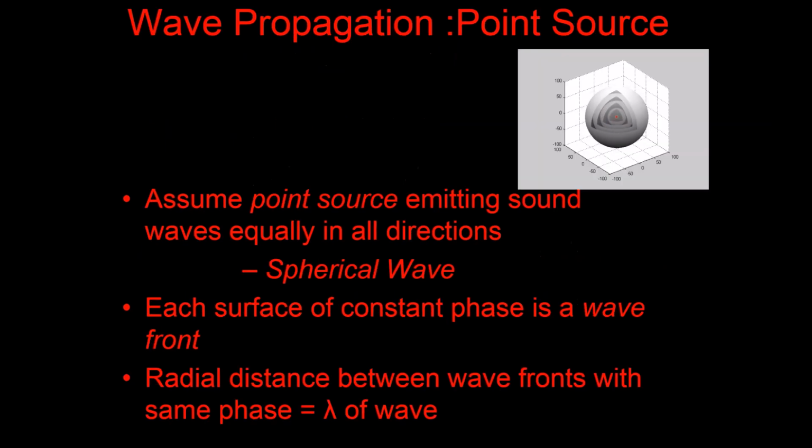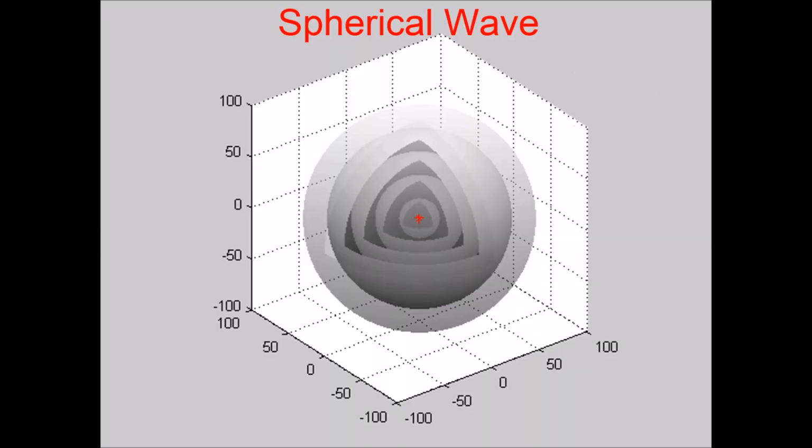Now, when we're talking about a propagating wave from a point source, as said, this comes out as a spherical wave, and each surface of constant phase gives us a wave front. So the radial distance between wave fronts essentially becomes the wavelength of our wave, lambda.